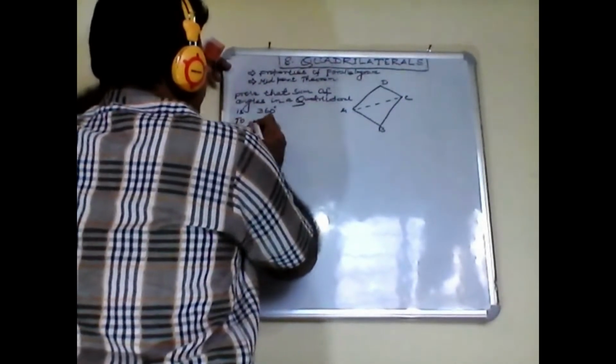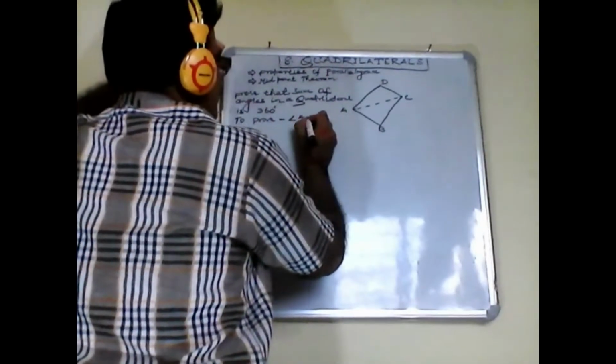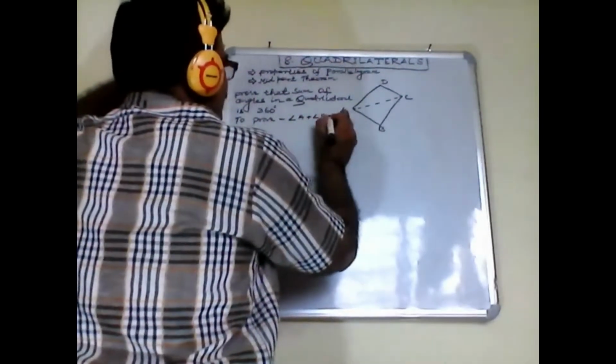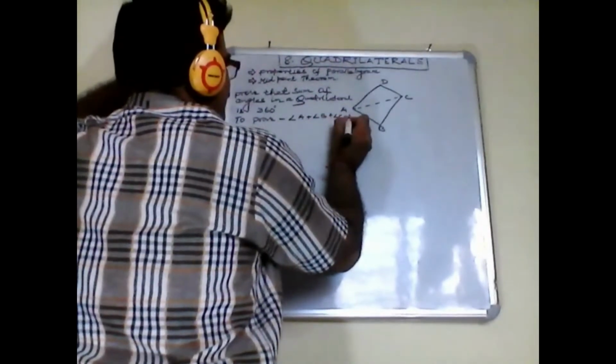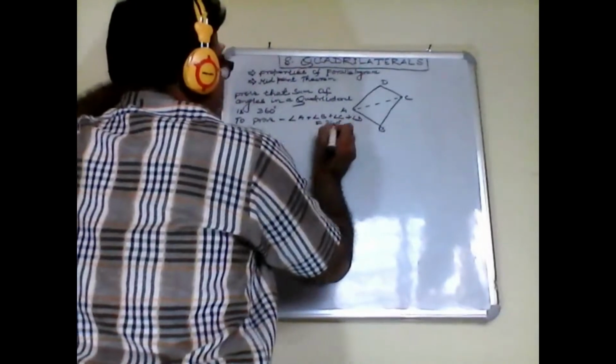To prove: angle A plus angle B plus angle C plus angle D will be 360.